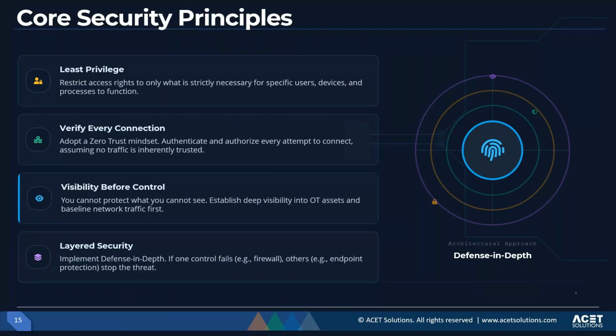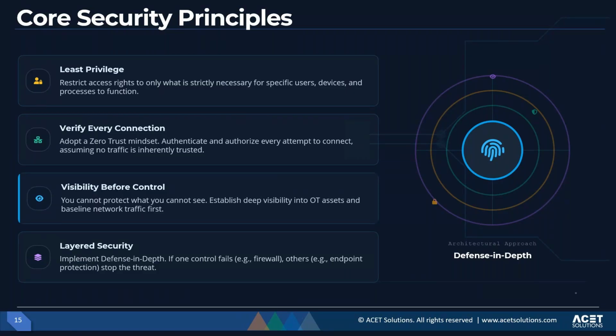Visibility before control. This emphasizes that effective security begins with complete awareness of all assets and communication flows. Without knowing what devices exist, what firmware they are running, and how they communicate, it is impossible to implement reliable protection.